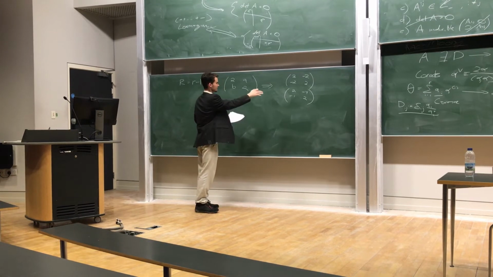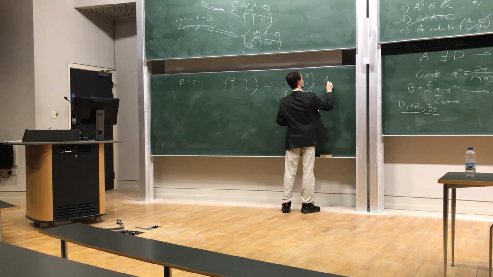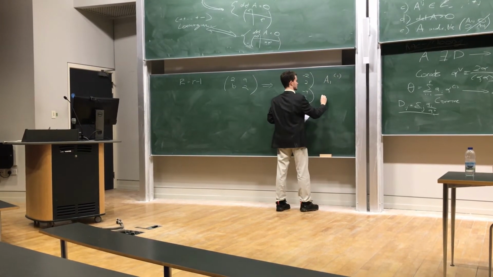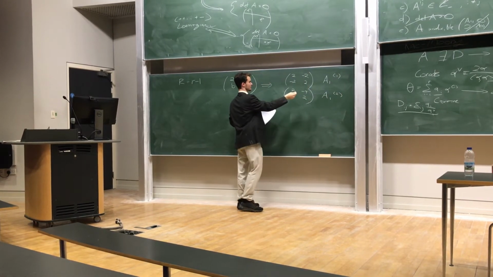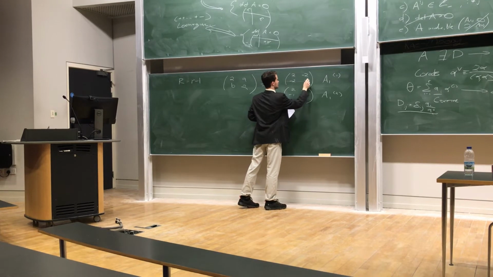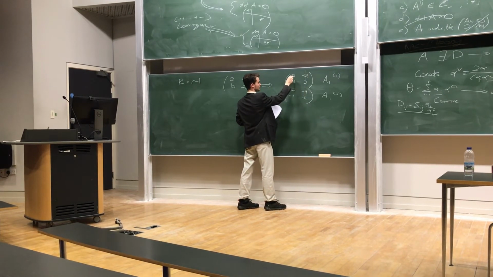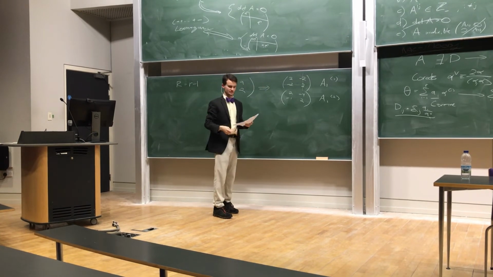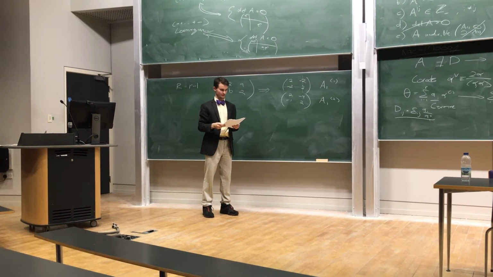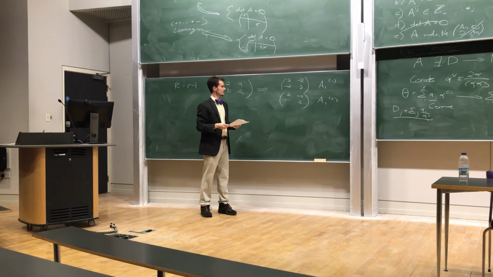So we can label these affine algebras accordingly. A1 parentheses 1, A1 parentheses 2. And the A1 comes from, if I cross out any of these rows and columns, I end up with just a 1 by 1 matrix with 2 in it, which is the simplest case of the finite Lie algebras that we talked about.